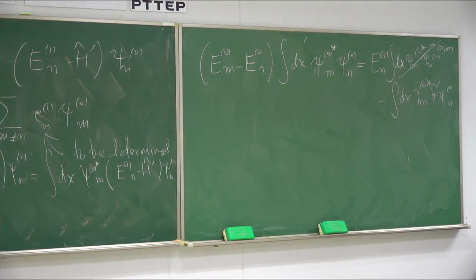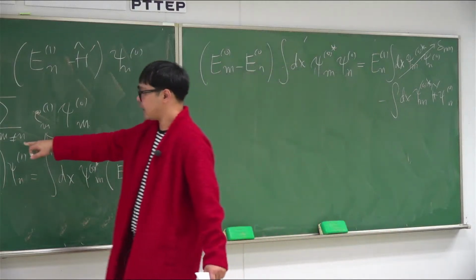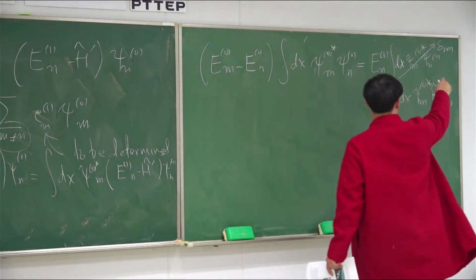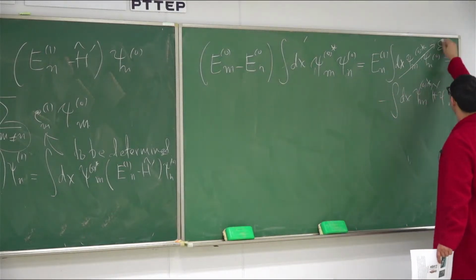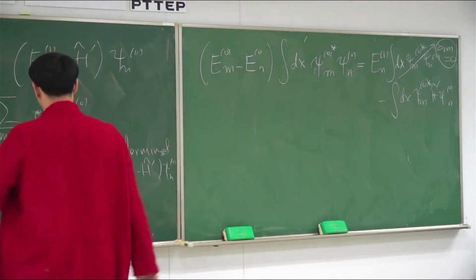Then it's going to select the term that, well, normally, yeah, n cannot be equal to m, right? This, then, I mean, this 0, right? Because we put this condition on the way that we expand.